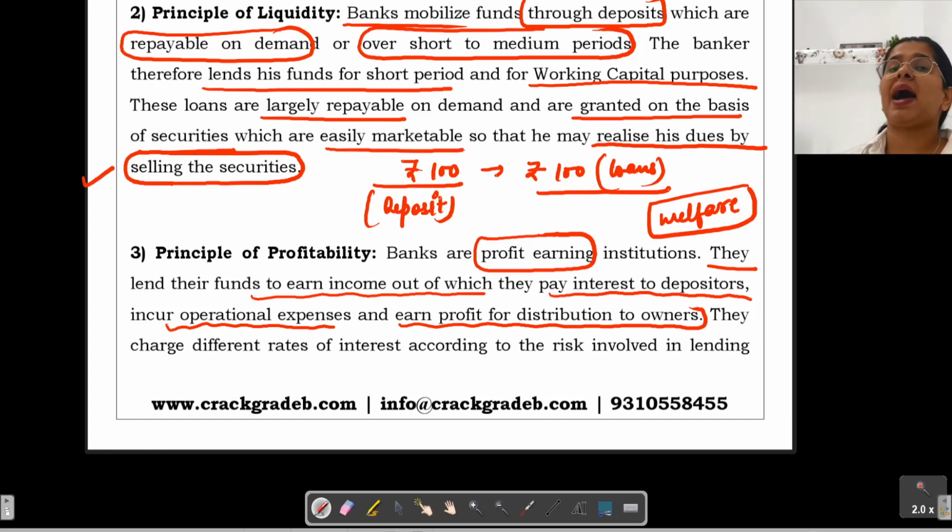The interest banks are paying on the deposits versus the interest the banks are earning on their loans, right? So the difference is the earning of a bank. Now out of that earning, obviously when you are running an institution you have to incur certain operational expenses, deduct those expenses, and the remaining portion is the profits that you are earning to pay to your owners, right?